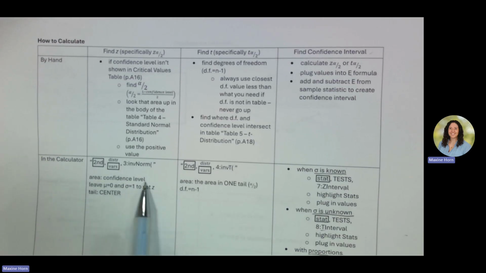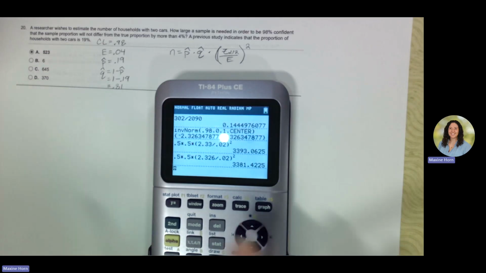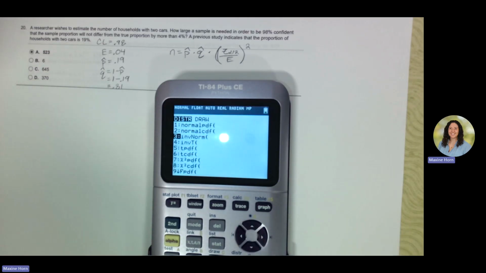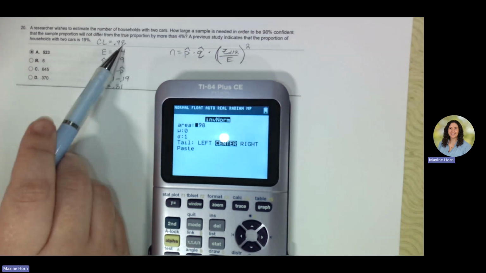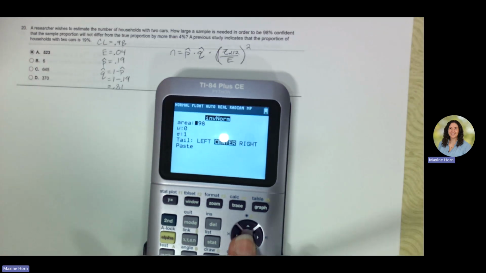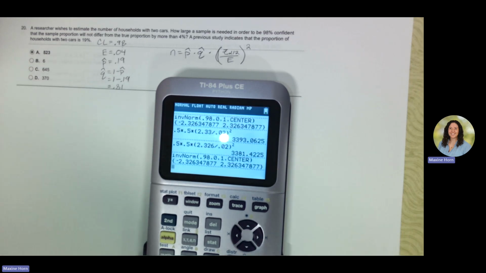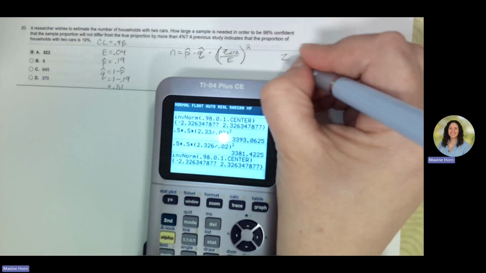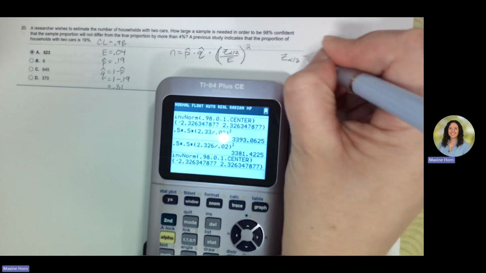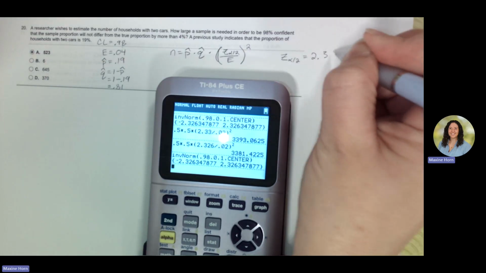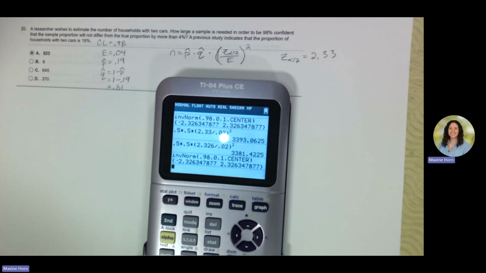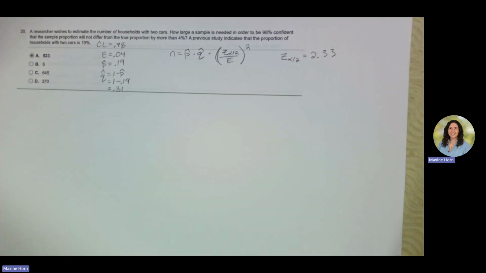The area is our confidence level, which is the 0.98. We leave our 0 and 1 and we say paste. So again, this is that same z alpha halves. Let's go to 2 decimal places and then plug everything in.